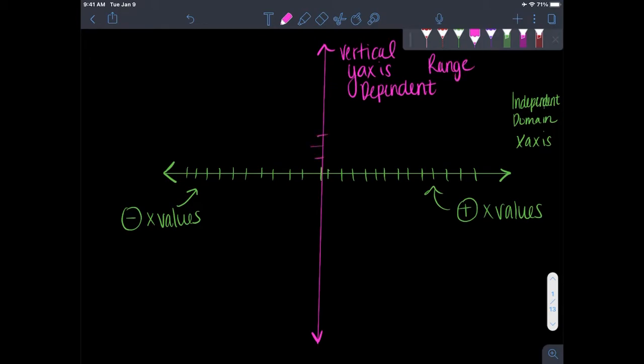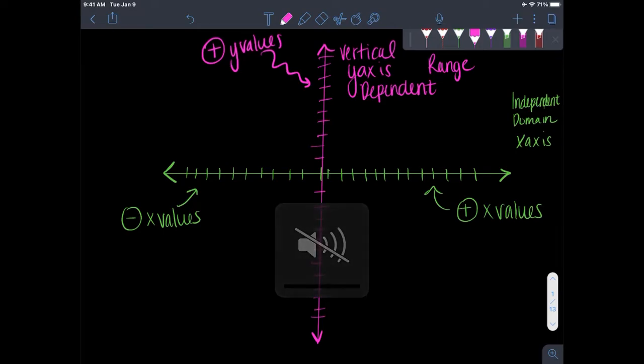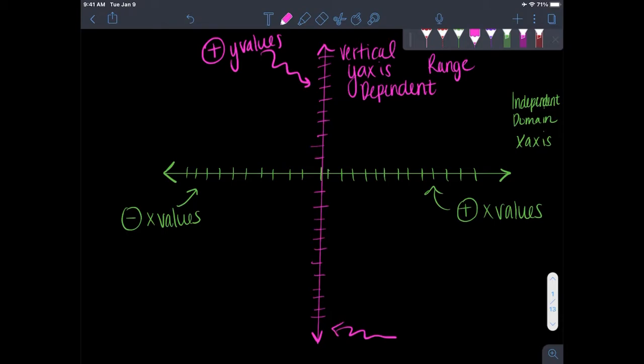Of course, it has numbers in both directions, which isn't terribly important right now. Up here, we have my positive y values, and down here, we have my negative y values.